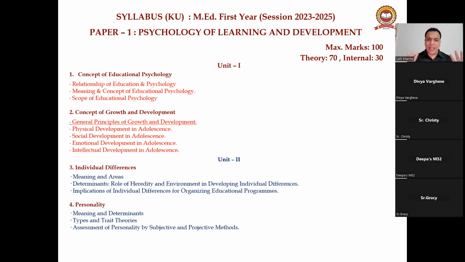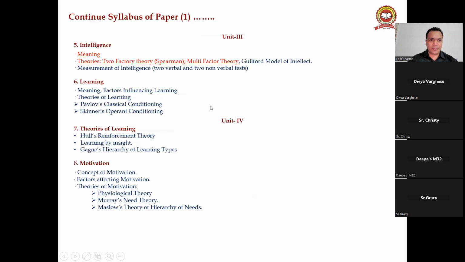Okay, guys, you know that we have to do the 4 theory papers. Whatever we are finishing, I am putting in red. So paper 1 and paper 4 I have started. Under paper 1, unit 1 we have finished, and in unit 3 we finished intelligence also. If you remember, the last time we finished intelligence and its theories, right?